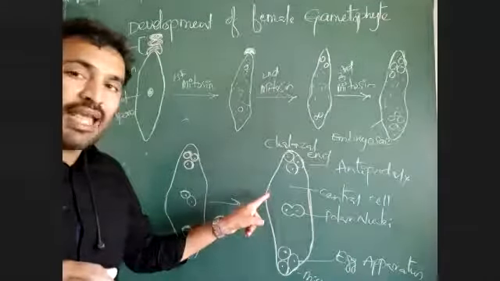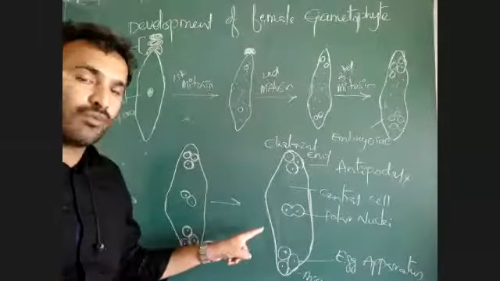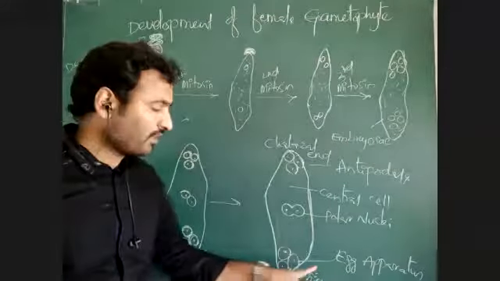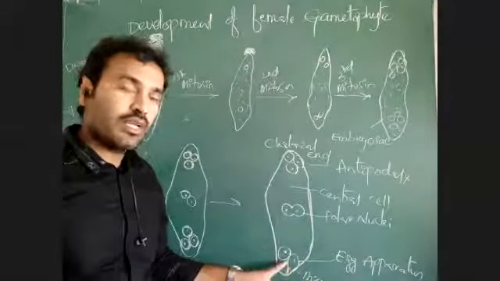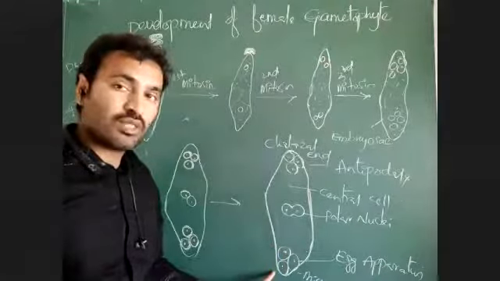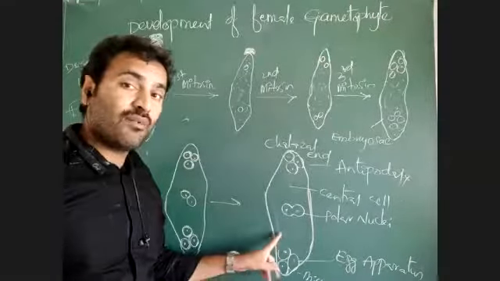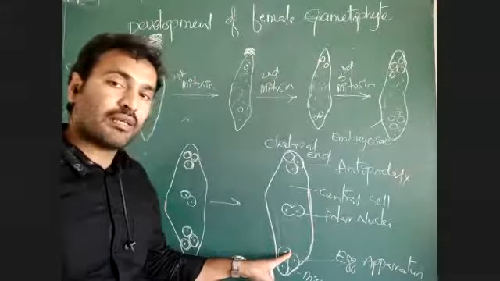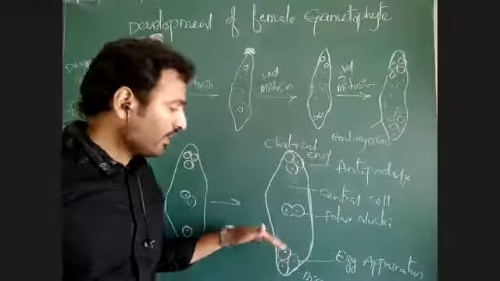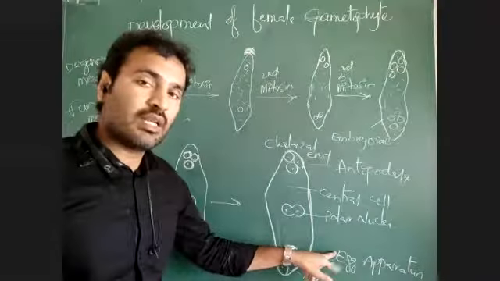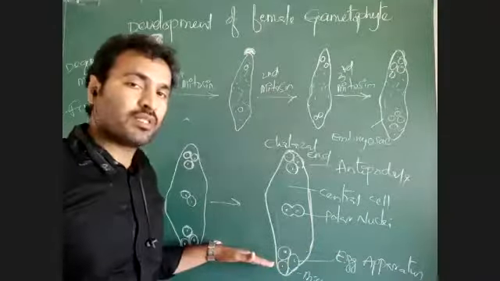If a female gamete, the egg cell, is present as part of the egg apparatus, then it is called a gametophyte. It is present in this matured state only, because cell walls form here and the egg cell is formed. So this is a female gametophyte.